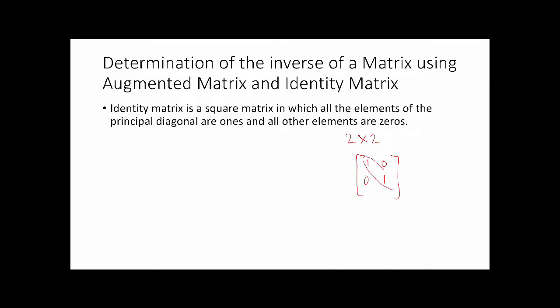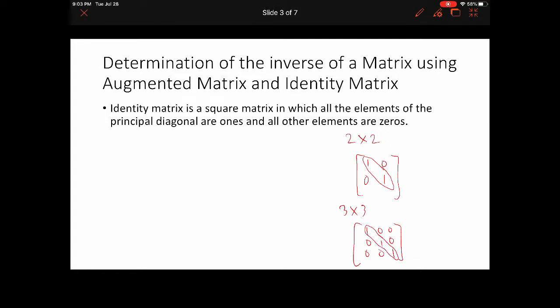Then the rest are 0. For example, for a 3x3 matrix, the identity matrix has 1, 1, 1 on the principal diagonal and the rest is 0, and so on.